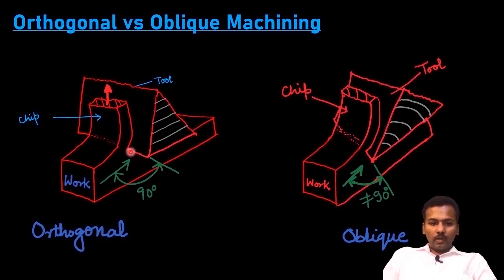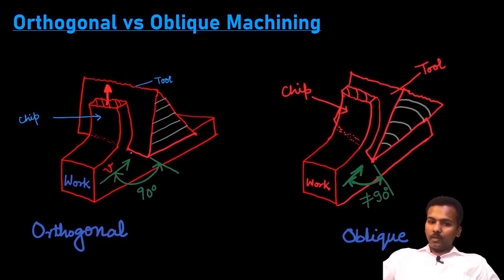When the cutting edge is straight, suppose the relative velocity at any instant is v, with the workpiece moving with respect to the tool in this direction. If this relative velocity is normal to the cutting edge, then what happens?